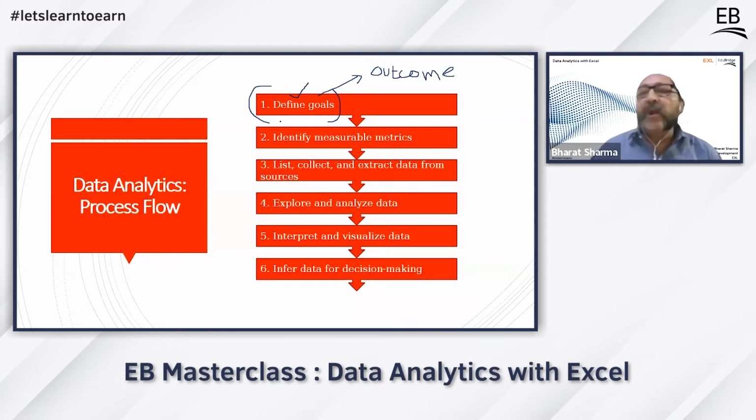Then once the goal has been defined, I should be able to identify some measurable metrics. Now, what is a metric? A metric is something that helps you understand if you are moving in the right direction. I'll take an example. Let's say I walk from my home to my school or my college or my office, as the case may be.